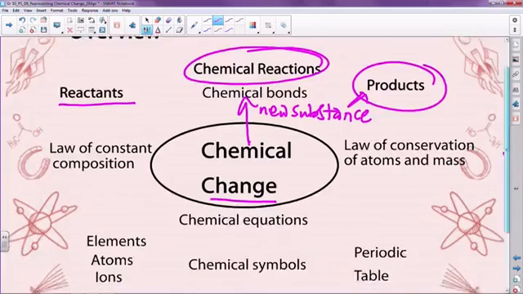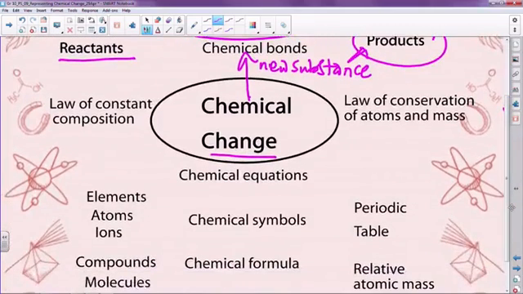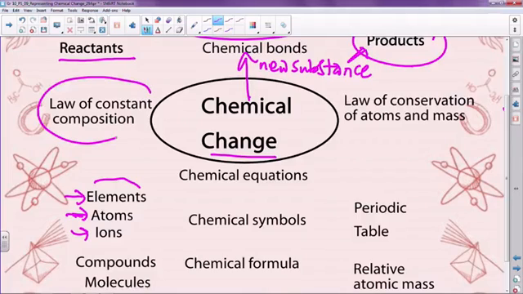However, it's very important for us to understand that the atoms, elements as well as ions in the bonds of the substances that take part in a chemical change are the ones that are involved in the chemical change. So we talk about the law of constant composition.